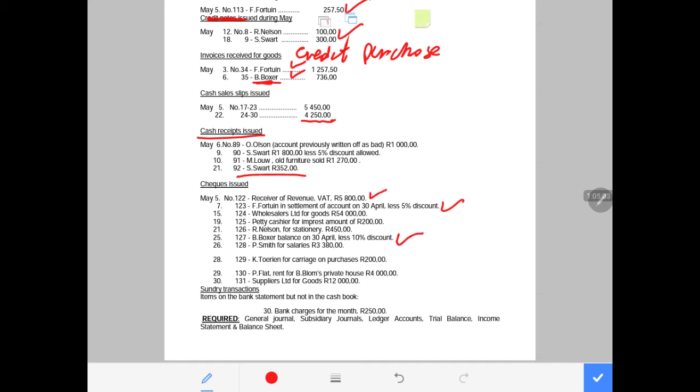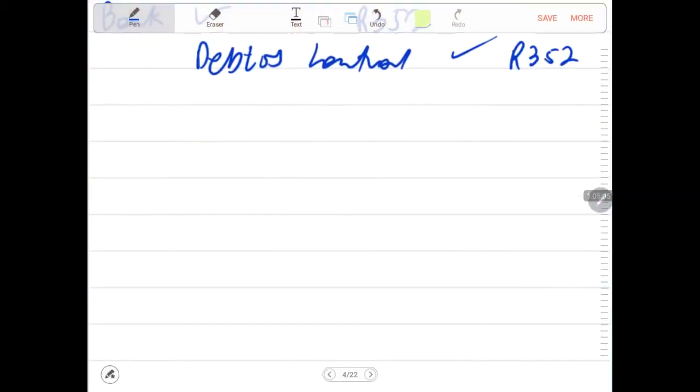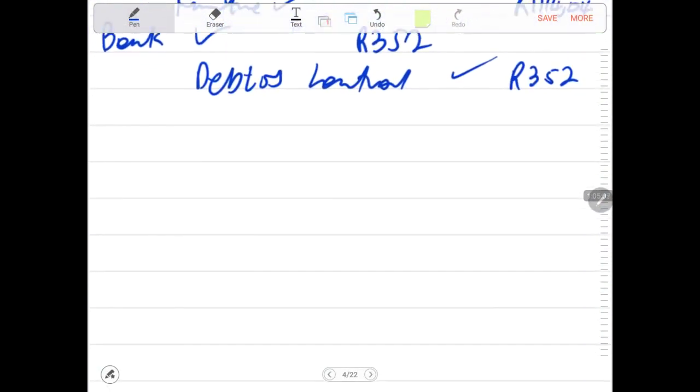And also this one, just recording that one as a debit: VAT control, or SARS VAT control. SARS VAT control, or VAT payable.